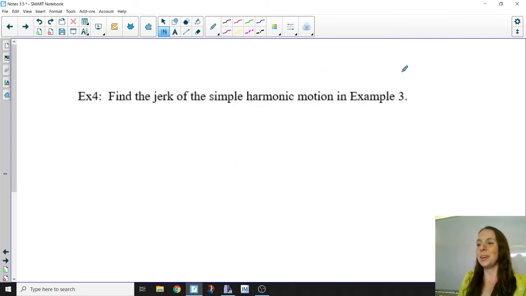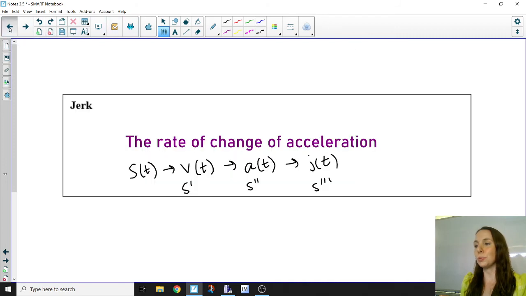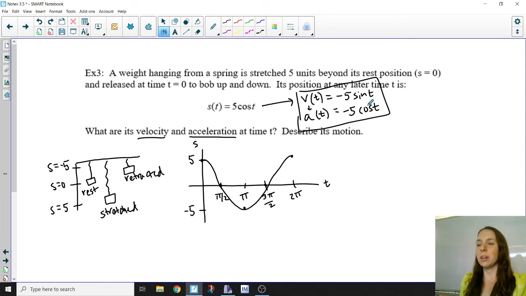All right, let's do a couple of examples with jerk. In example 4, it says find the jerk of the simple harmonic motion in example 3. So going back to example 3, we're just going to pick up where we left off. Actually, let's write it all out.